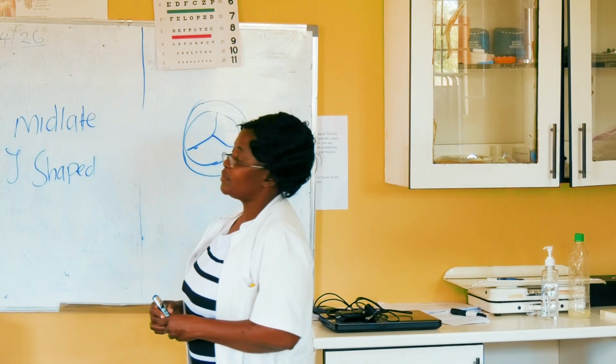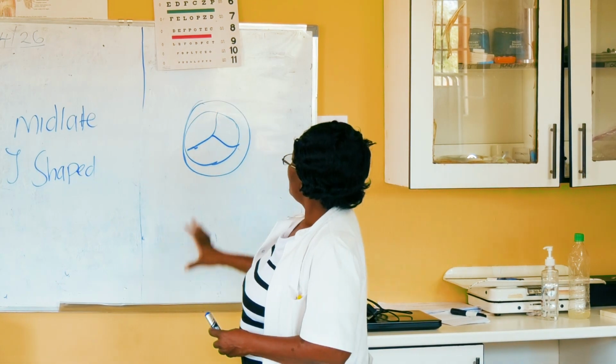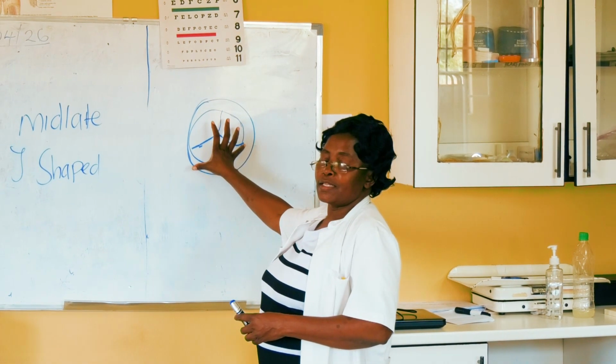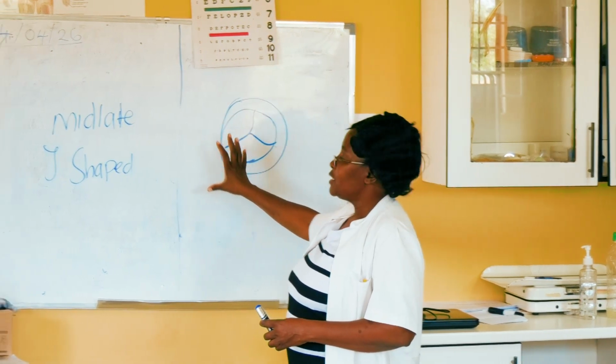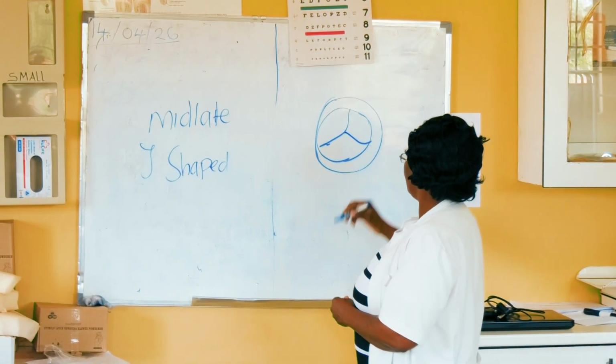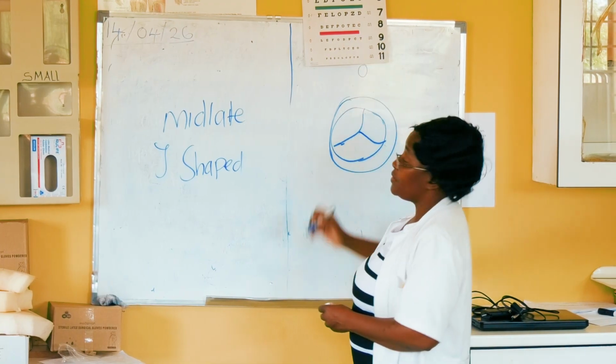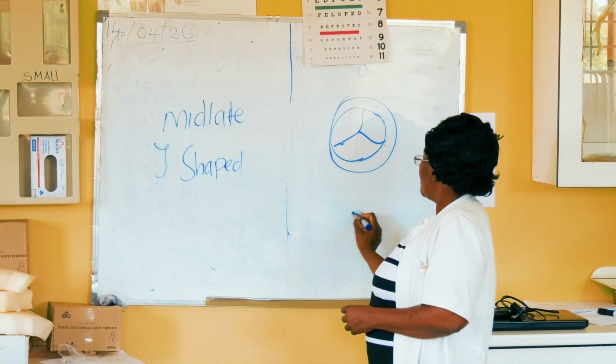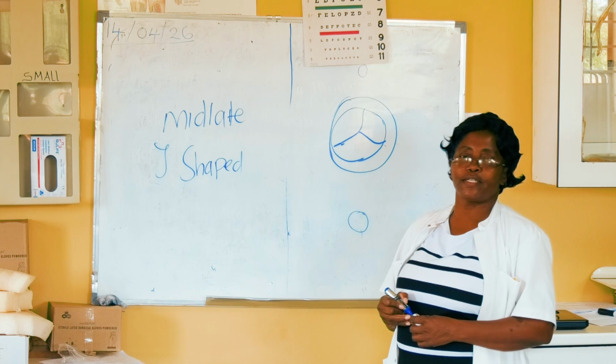So when we talk of this procedure, when you look at this, is the vaginal opening, isn't it? Normally, on this vaginal opening, on top there we have the urethra, and then at the bottom here we have the anal sphincter.